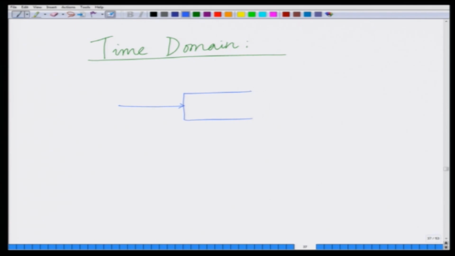So x(t) is the transmitted signal, y(t) is the received signal, and h(t) is the channel response or the impulse response of the channel.